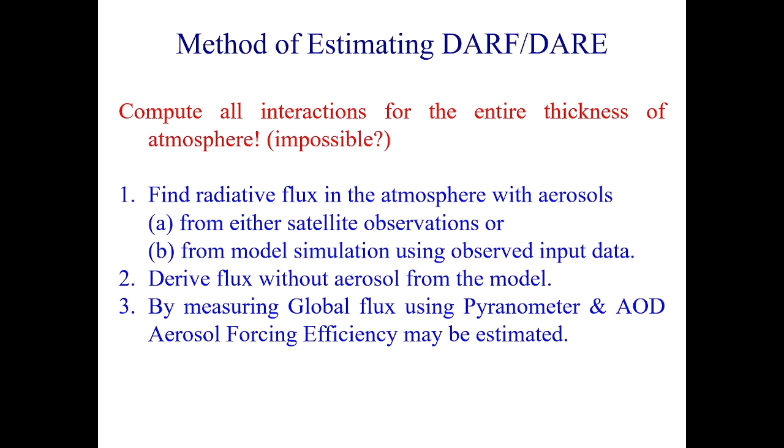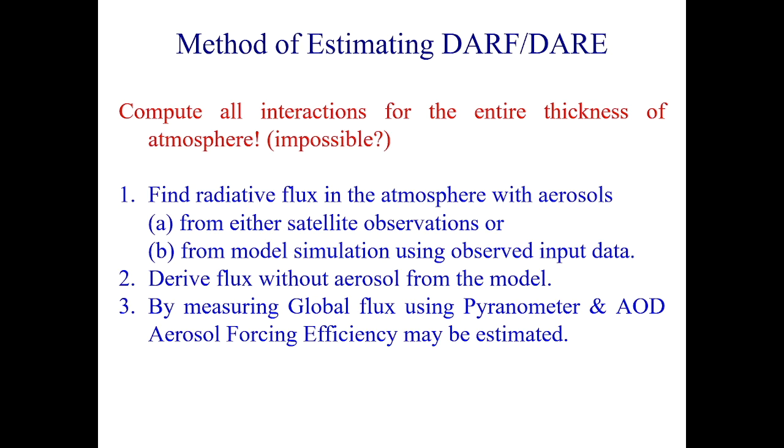So, in order to find the aerosol radiative forcing, what do we do? We find the radiative flux in the atmosphere with aerosols by two processes, either from satellite observation or from model simulation using different kinds of observed inputs, different kinds of aerosol parameters. The other method is to derive the fluxes without aerosol from a model, because there is no other way we can actually measure the radiation flux at the surface without aerosols.